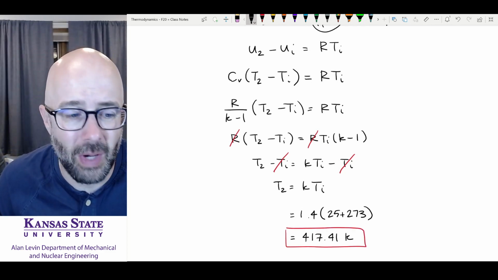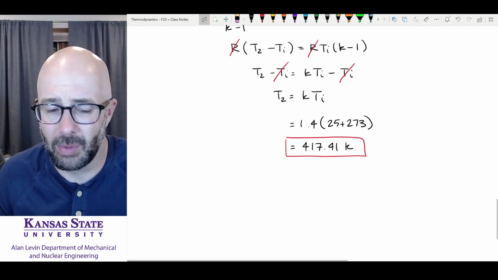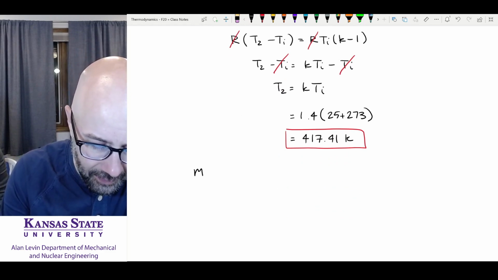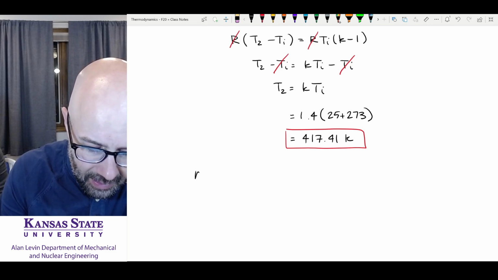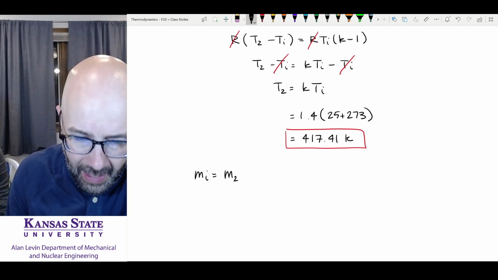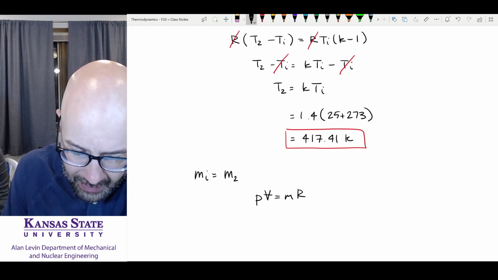Let's now ask the question about how much air flows into this tank. And remember, the mass coming in is going to be equal to the mass at state 2. And we can find that by just using PV equal to mRT.